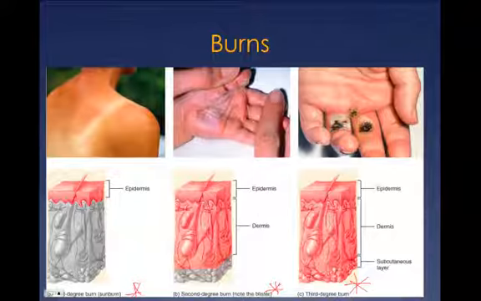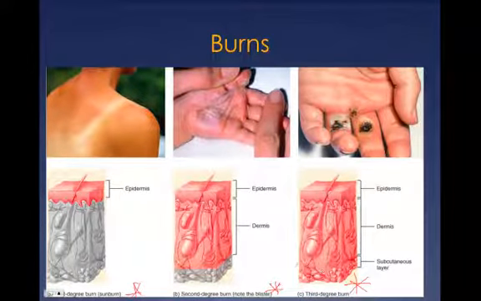And then when we talk about a third-degree burn, a third-degree burn is where you've actually not only damaged the epidermis and dermis, but the subcutaneous layer below it. And this is a much more severe burn because, if you remember, we have blood vessels that run through the subcutaneous layer up into the dermis, and so here we've actually damaged all of these blood vessels, even the blood vessels that eventually would have been used to bring nutrients to help repair the dermis.